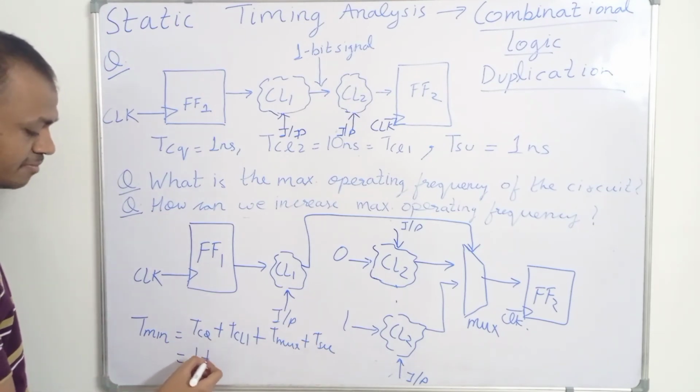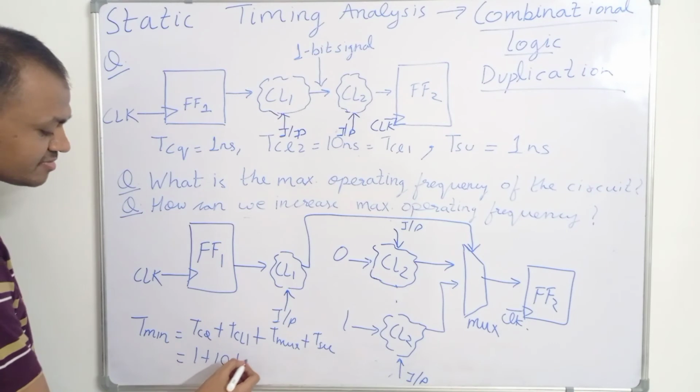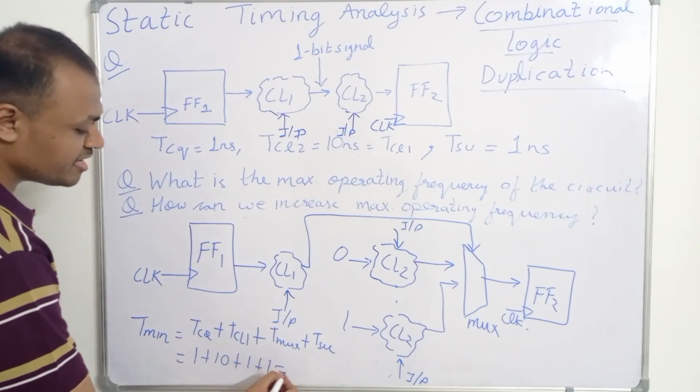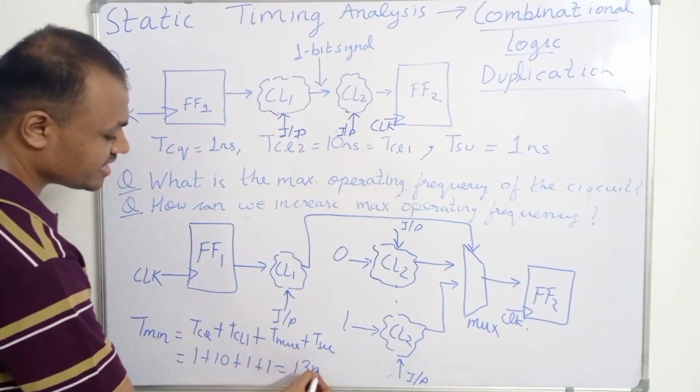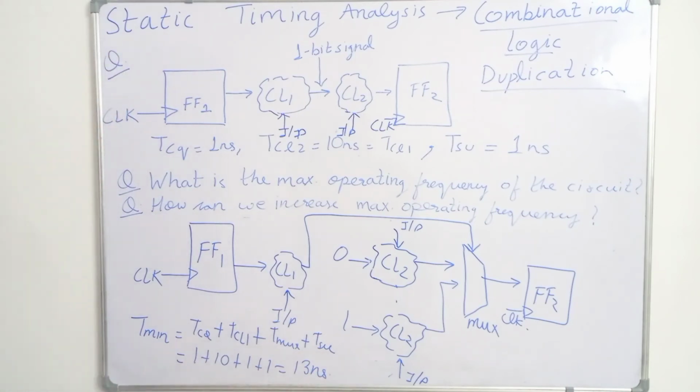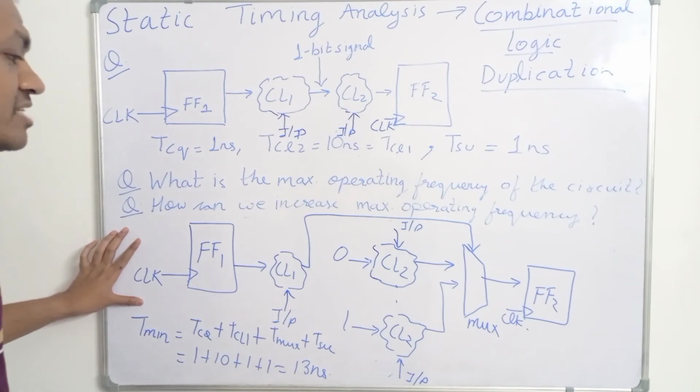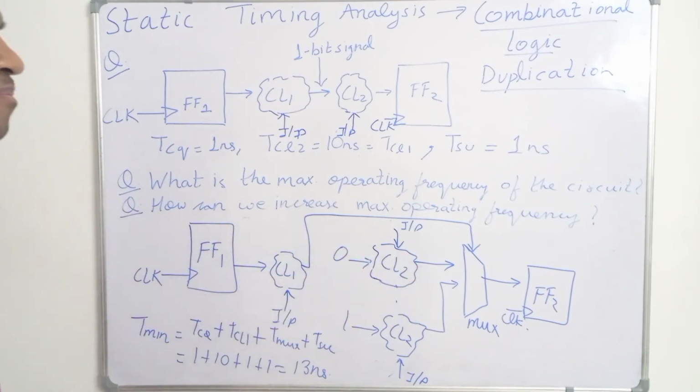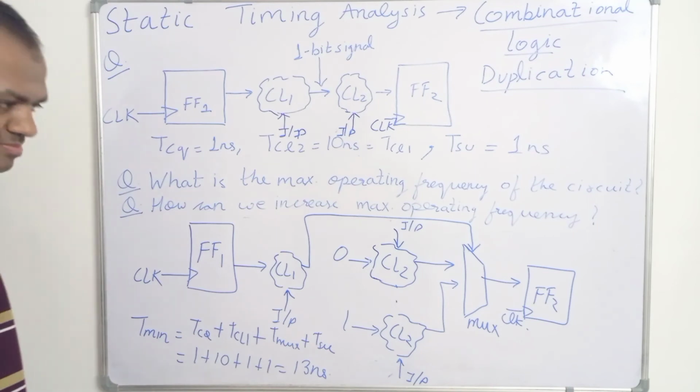So 1 plus 10 plus 1 plus 1, and the minimum time period is now 13 nanoseconds. So the frequency will be increased by the use of combinational logic duplication. Previously the minimum time period was 22 nanoseconds, but by using combination logic duplication, we have reduced it to 13 nanoseconds.